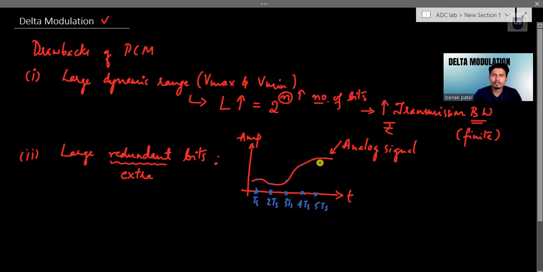After sampling, these are the sample values that we have. These sample values in turn will be sent through a quantization process, where our very first level is 0, 0, 0. The second level is 0, 0, 1.